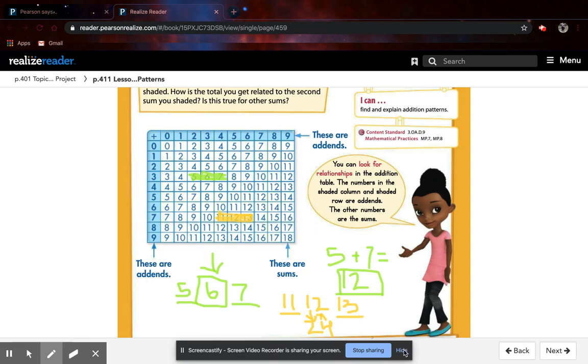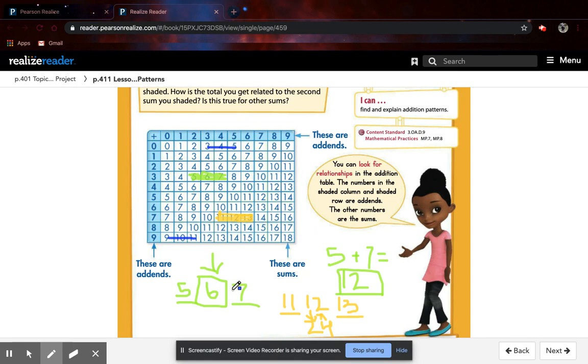So they just want you to hopefully realize, and we'll talk about this in the look back section at the bottom as well, that for any three numbers that you shade, so it doesn't matter if you shade in the 3, 4, 5 here, or if I shade in the 9, 10, 11 here, if I add the first number that I have shaded and the third number that I have shaded together, it's the same as doubling the middle number.